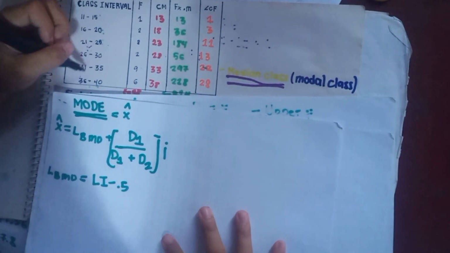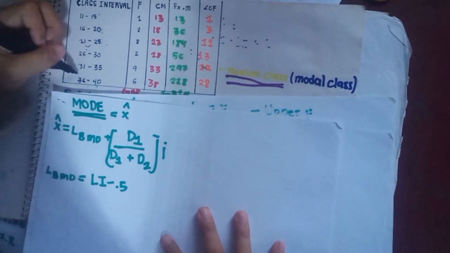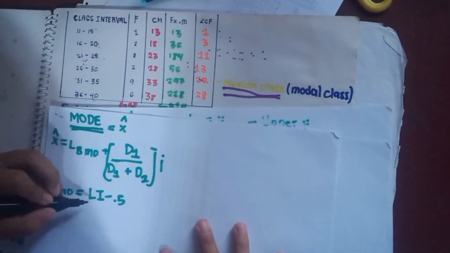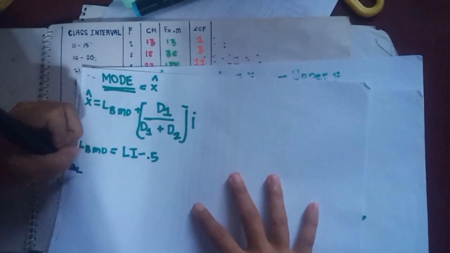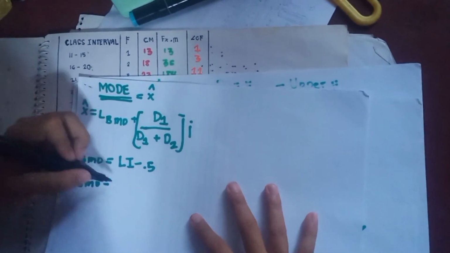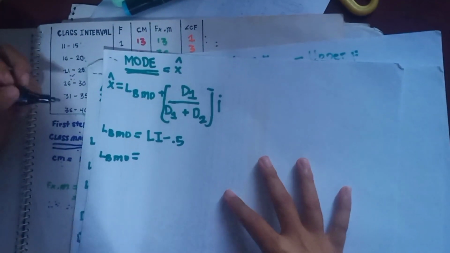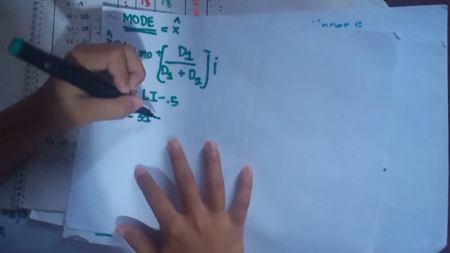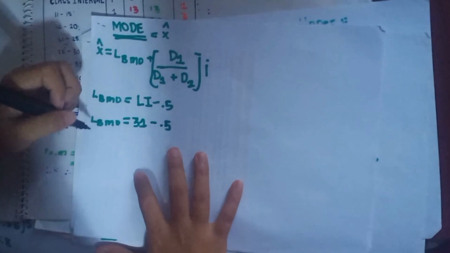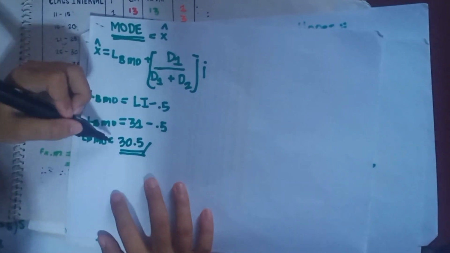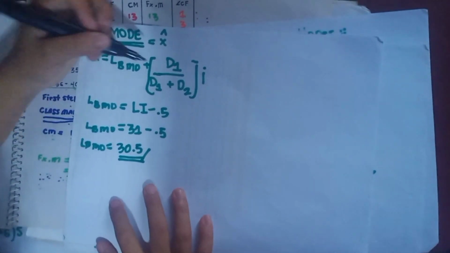So, our modal class is right here and our lower interval is 31, so we will be using 31 here minus 0.5 to get our lower boundary of modal class. So 31 minus 0.5 will be equal to 30.5.